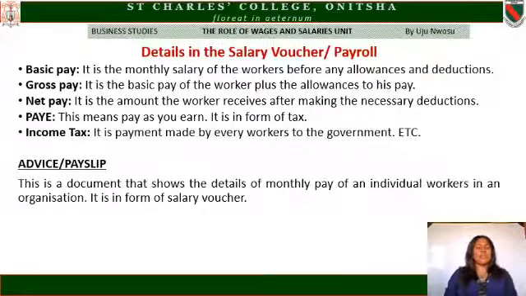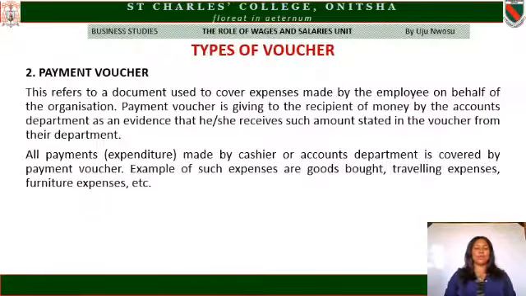But the difference is that salary voucher contains the names of all the staff in the organization, whereas advice contains the name of an individual worker in an organization, and equally his payment or monthly pay. Is that clear? Good. Let's go to the second type of voucher, which is payment voucher.